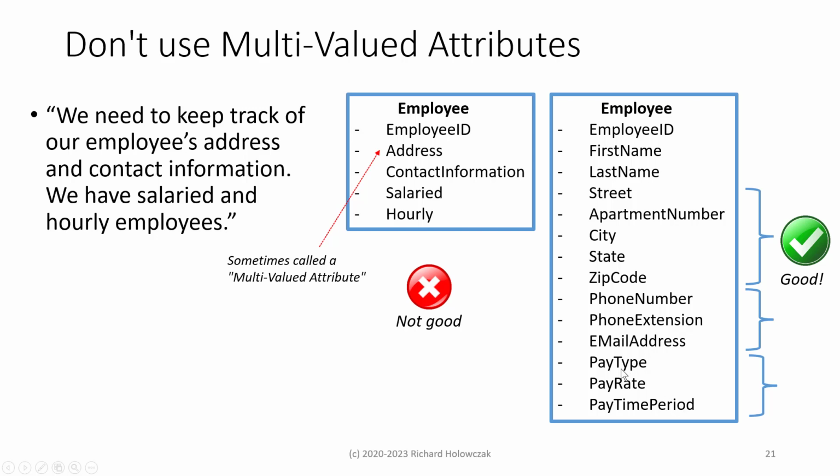If an employee is an hourly employee, they would have a pay rate that's a certain dollars, and the pay time period would be per hour. If they are salaried, we would have a salaried pay type, and the pay rate would be a certain number, and the pay time period might be annual. So this is how we can model both salaried and hourly employees.